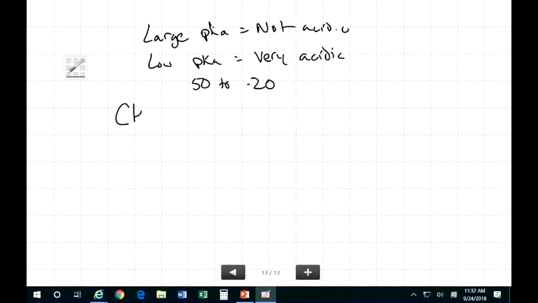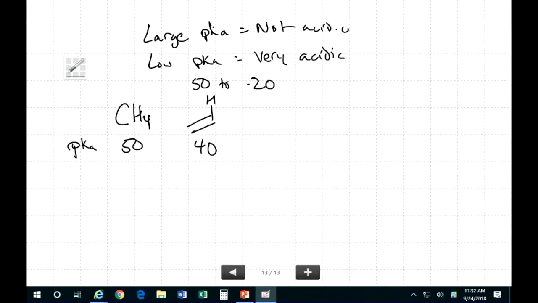So simple hydrocarbons, simple alkanes, like the hydrogens on methane, that pKa value is around 50. Now, when you go from an alkane to a double bond, to an alkene, this hydrogen has a pKa of about 40.